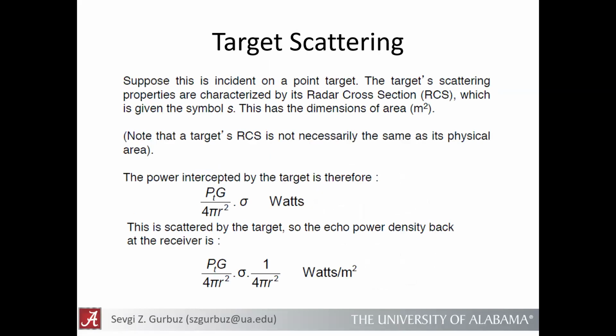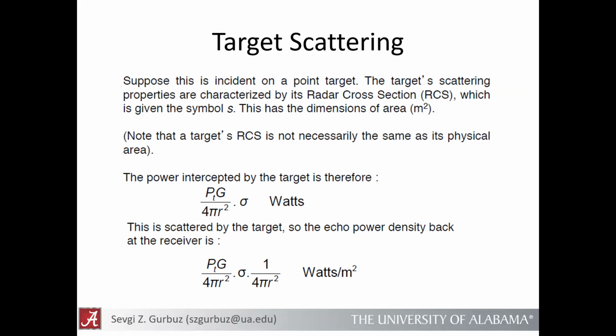Next, we need to think about the target scattering. So if you expand the sphere out until the range R, which is the distance the target is from the radar, then we now need to consider how much power is being backscattered by the target. This is more broadly known as the radar cross-section.